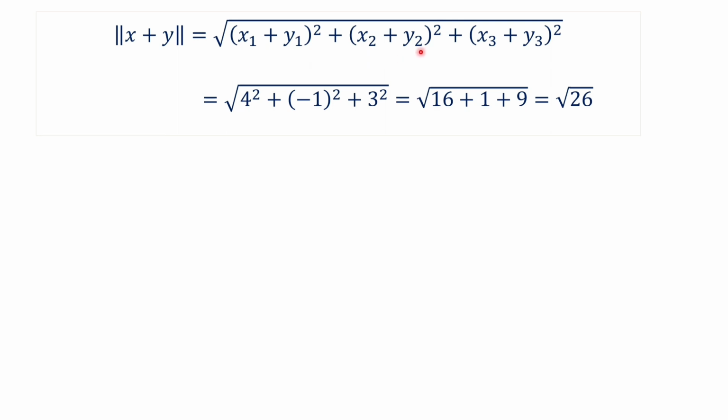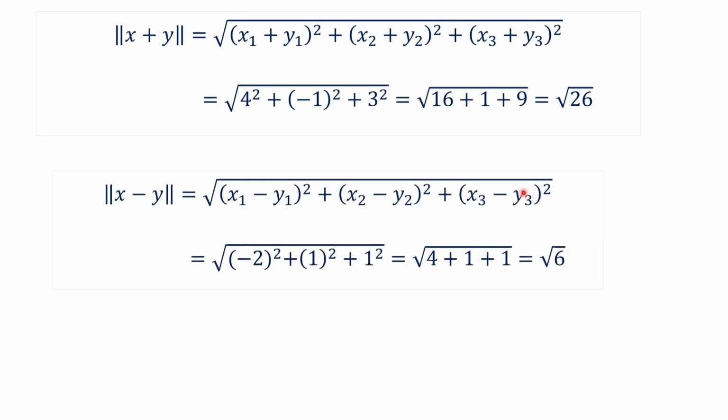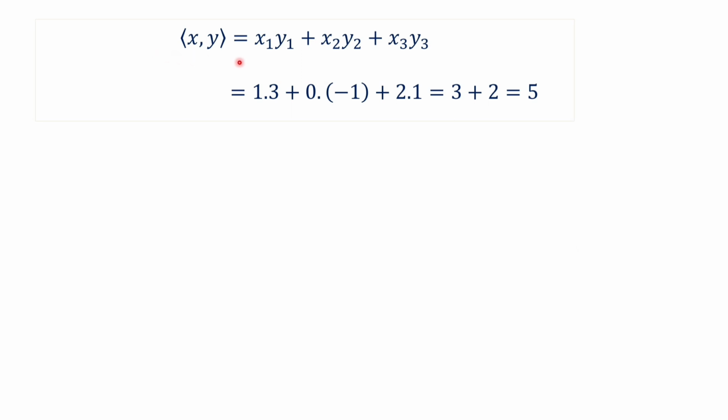When we take x plus y, we first take the component addition, square, and with the same formula we get square root of 26. And for x minus y, we subtract component wise and apply the same formula, and we get square root 6.